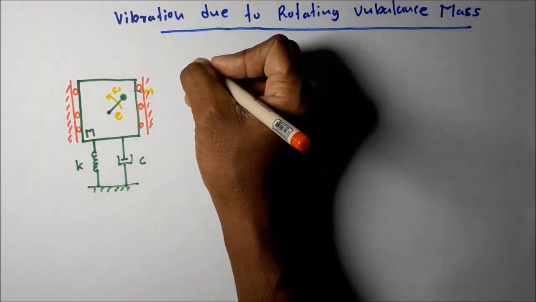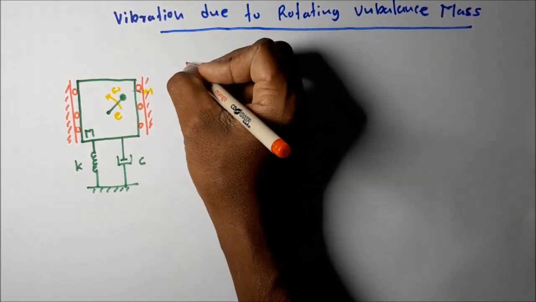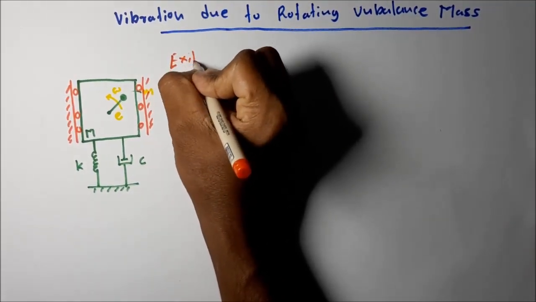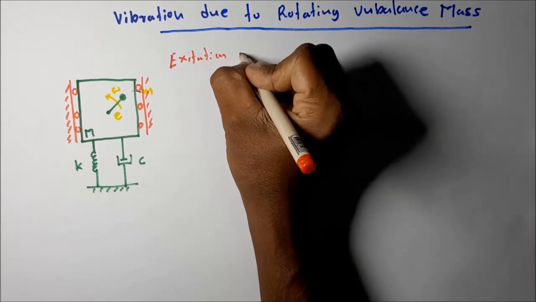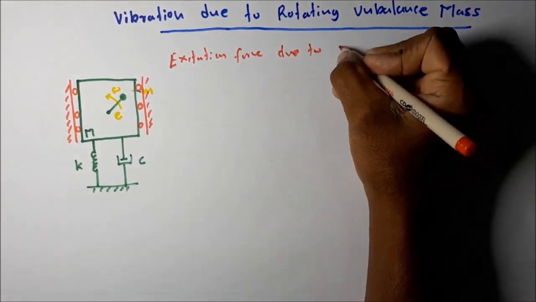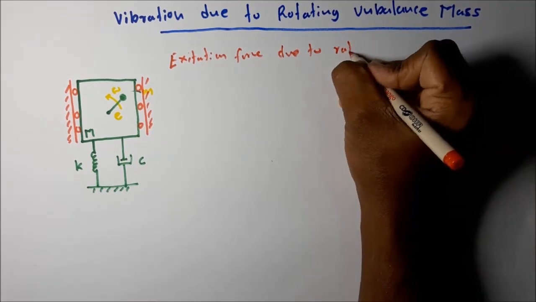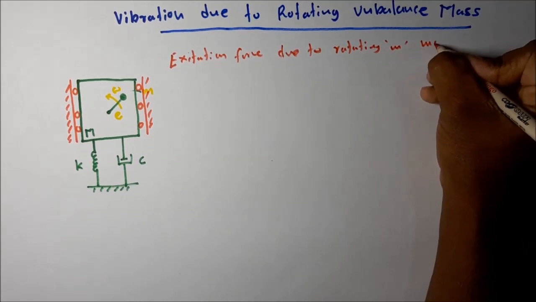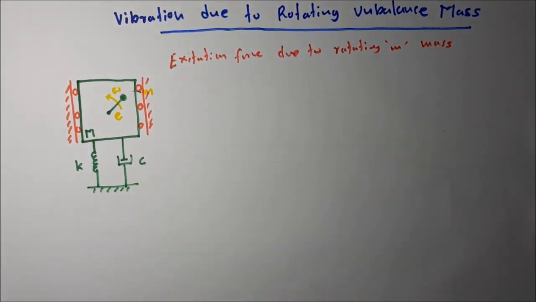Let's take the excitation force due to the unbalanced mass, the excitation force due to the rotating m mass. How do we obtain this excitation force due to the rotating unbalanced mass?